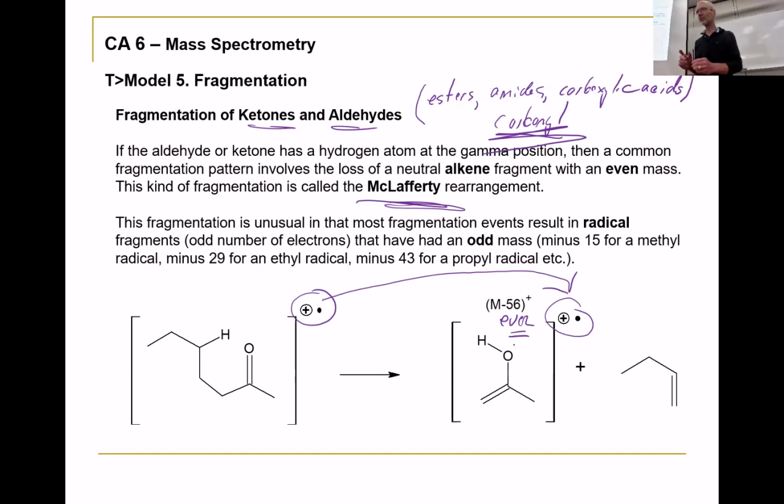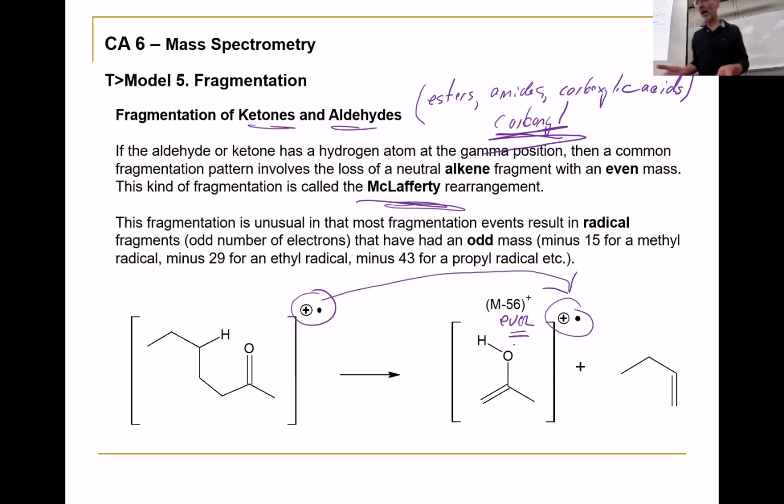So again, this distinguishes it from the idea that it fragments and you end up with a cation and a radical. Now, I would like you to be able to take a ketone or an aldehyde or one of these other functional groups and predict what the product would be from a McLafferty rearrangement.